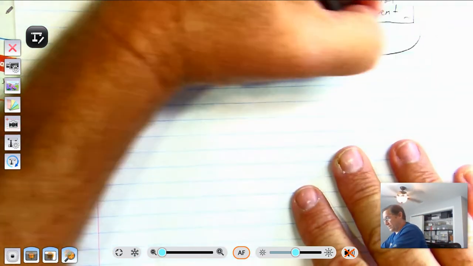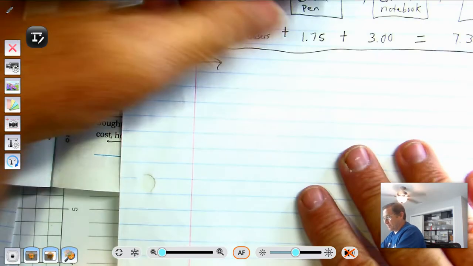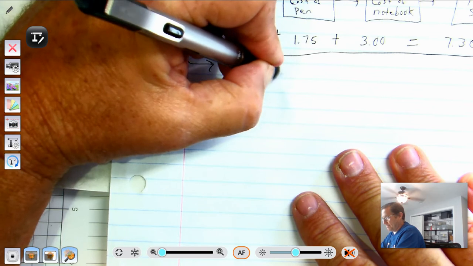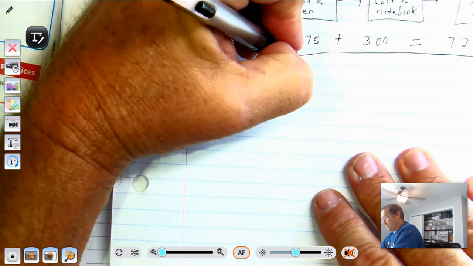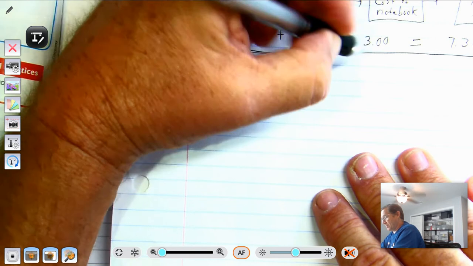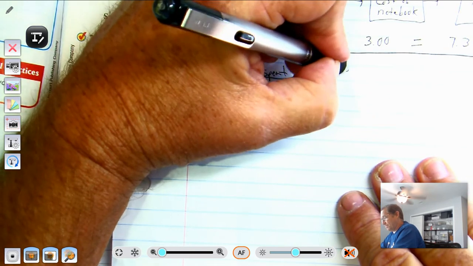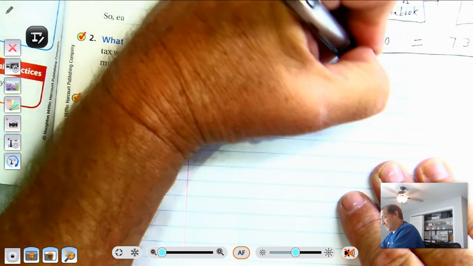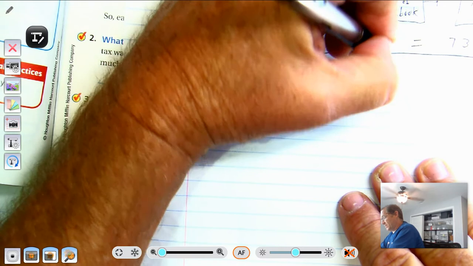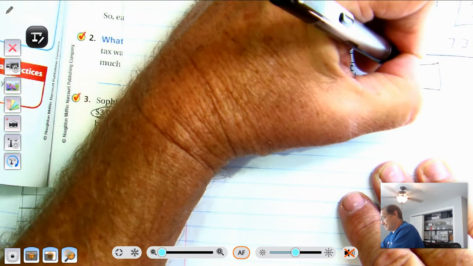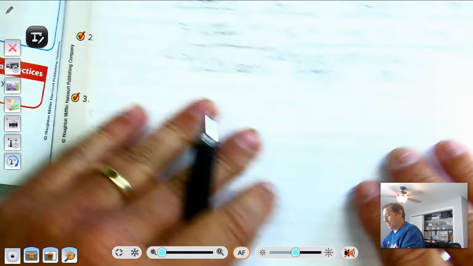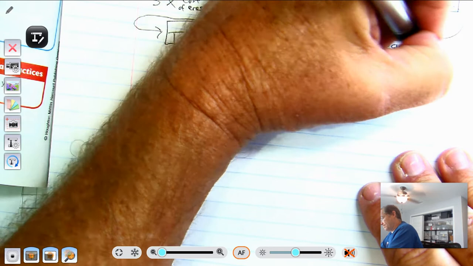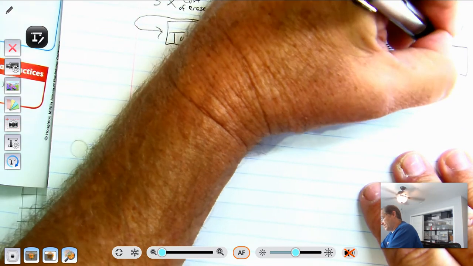Okay, so we can work backwards. The total spent minus the cost of the notebook minus the cost of the pen equals the cost of the erasers.